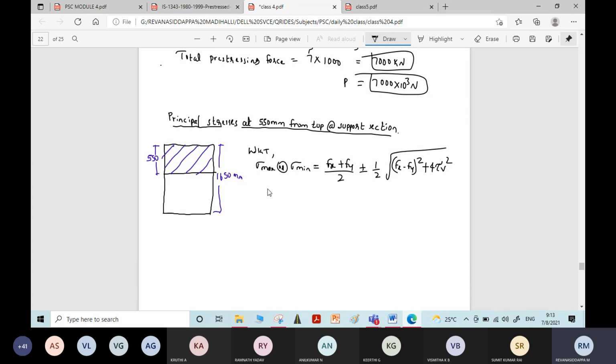That is the formula. Now you find one by one.